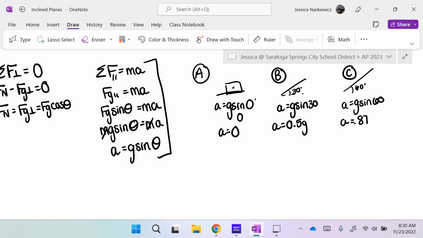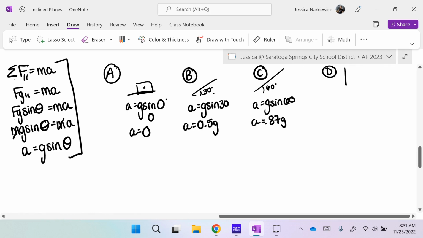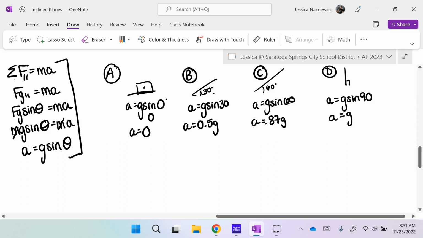So this gives me 0.87 g. And then for D, where I'm that nice vertical 90 degrees, my acceleration is g sine 90. And the sine of 90 is 1, so my acceleration is g, like I predicted. So the equation that we're coming up with for the acceleration holds true with what we see happening in real life. It makes physical sense.